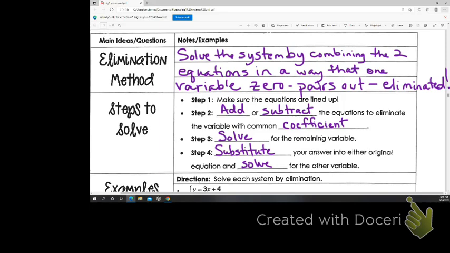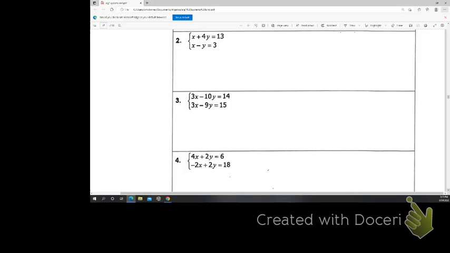So I'm going to skip around and do a few examples here so that you have a couple of examples. So the first example I'm going to do is number 2. I skipped number 1 because number 1 I would really prefer to do a substitution method, and so I'm going to go to number 2.